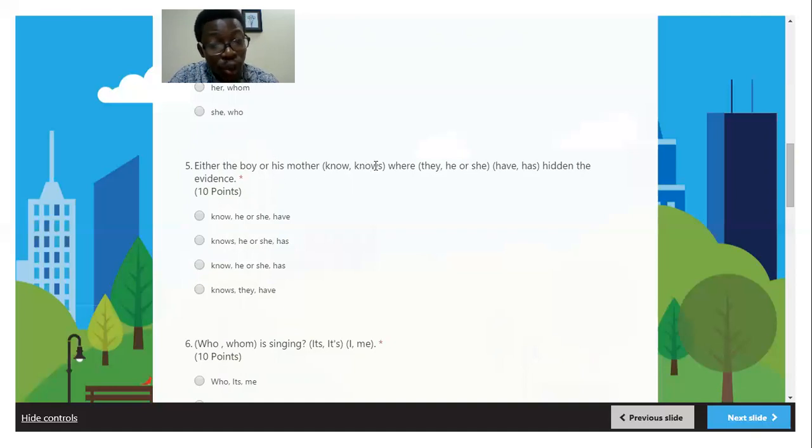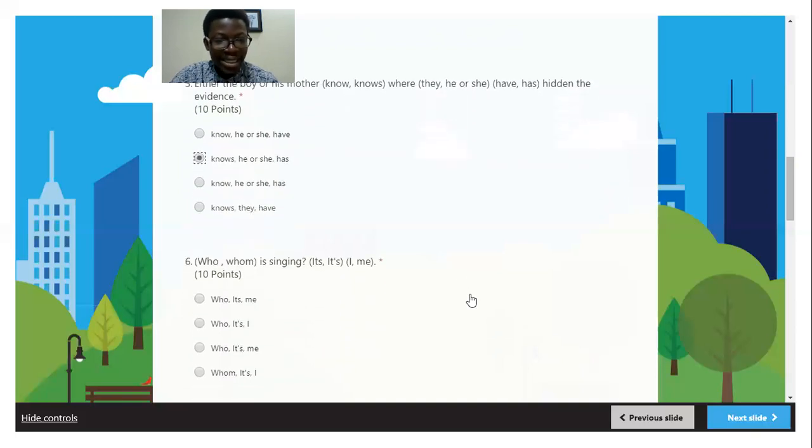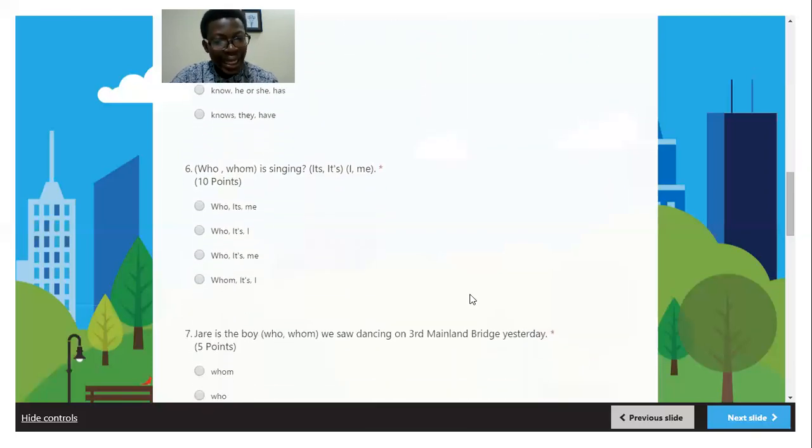So you simply, his mother knows what? He or she. It would not be they, all right? He or she, exactly. All right, he or she has hidden in the evidence, or where he or she has hidden the evidence, rather. So knows where he or she has. That's the answer.